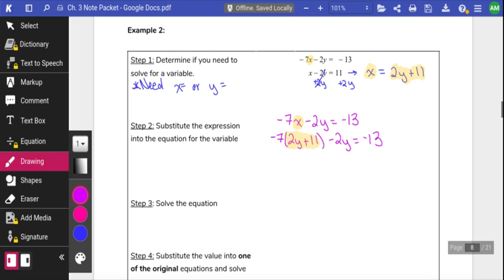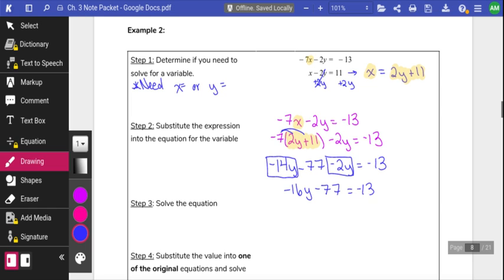And now we're going to start solving. Again, I'm going to distribute: negative 14y minus 77 minus 2y equals negative 13. Combine your like terms: negative 16y minus 77 equals negative 13.